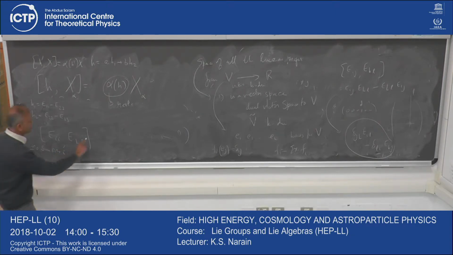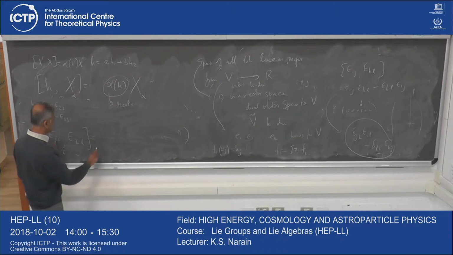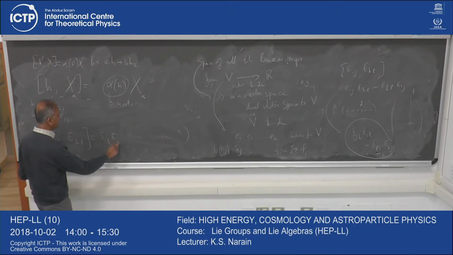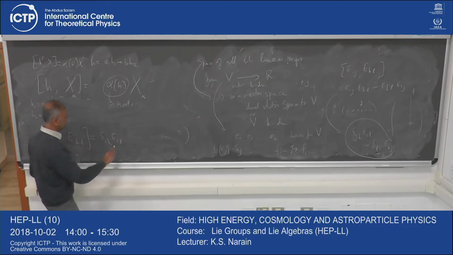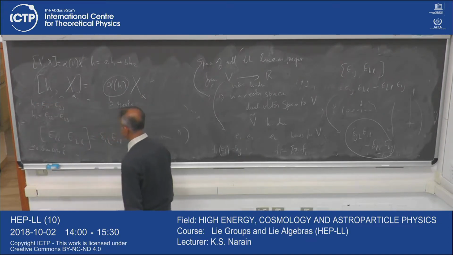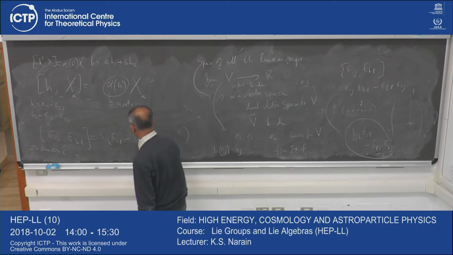Well, this is the same as, now we said, so this is going to be delta IK EIL, and then minus delta Li EKI.